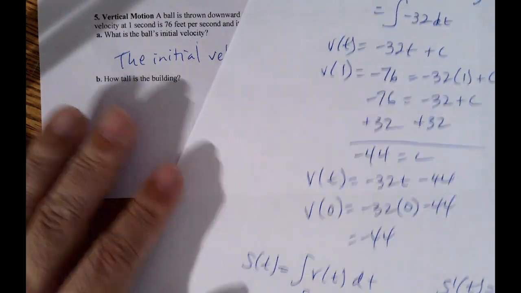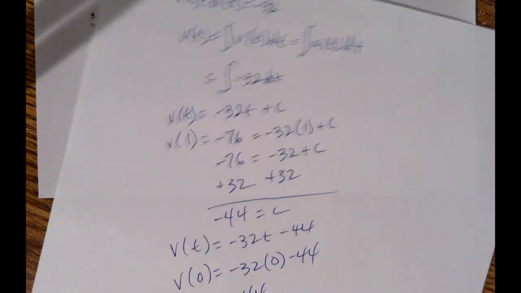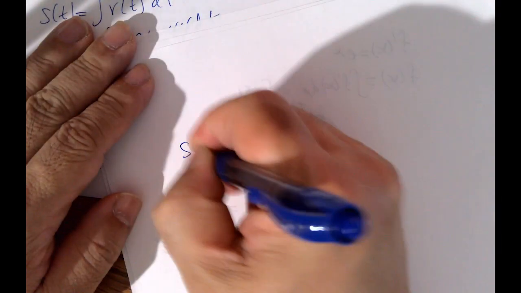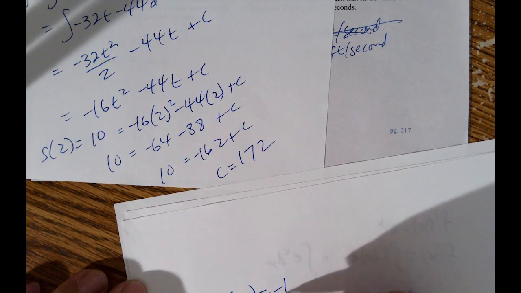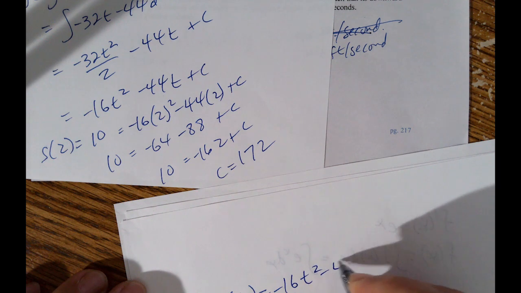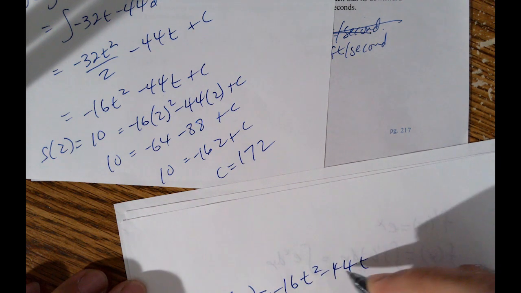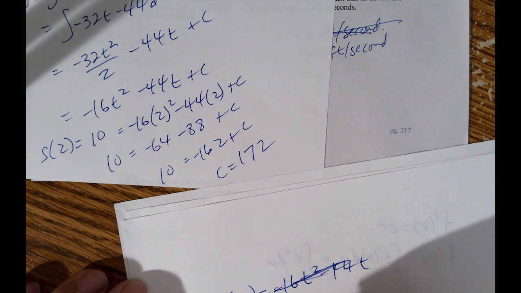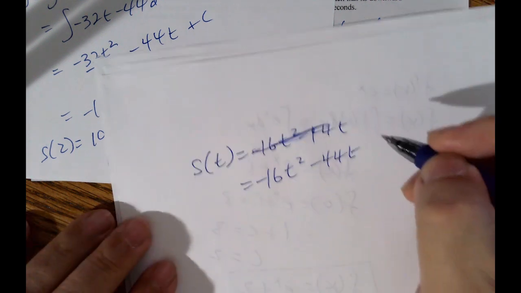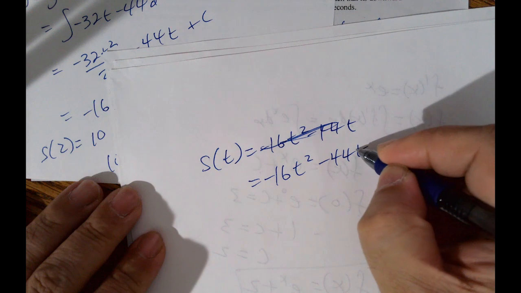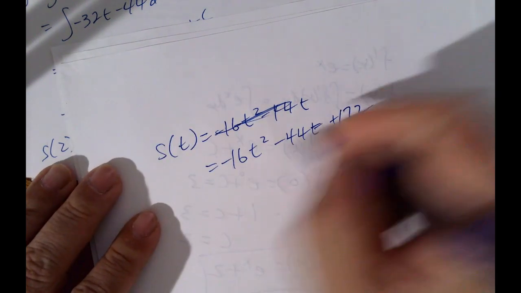We're running out of space. So s of t equals negative 16t squared minus 44t plus c. I know you're wondering where I'm writing.